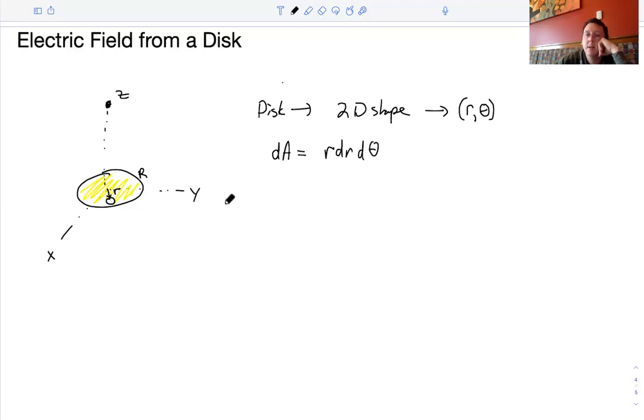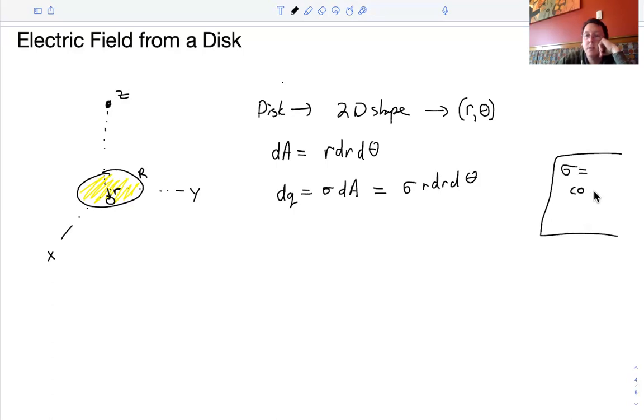Now, it's a 2D shape, so we should have a surface charge density, which means that we can say dq is sigma dA, which equals sigma r dr d theta. Like in the last example, I'm going to assume sigma is constant, so the charge is spread uniformly over this disk.